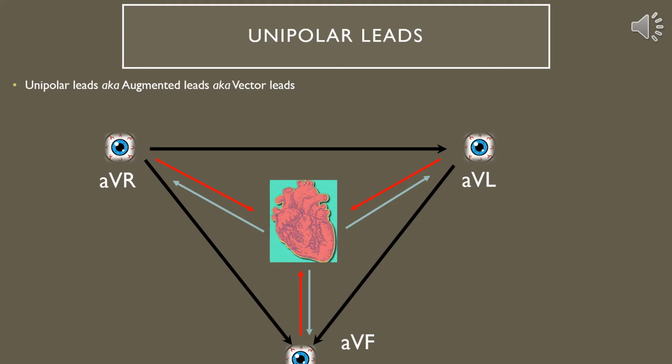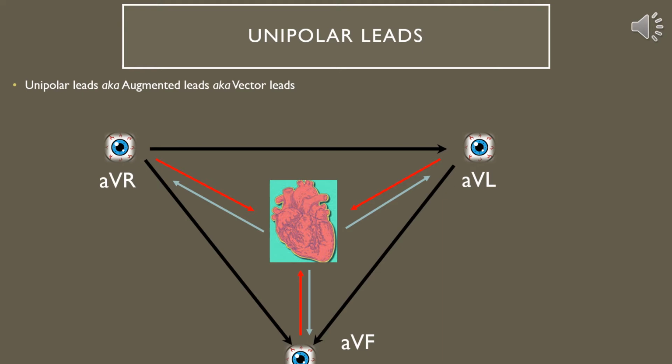So this provides a positive versus grounded lead finding where you're able to look directly at the heart from these different perspectives. So these augmented leads are labeled augmented vector right, augmented vector left, and augmented vector foot.